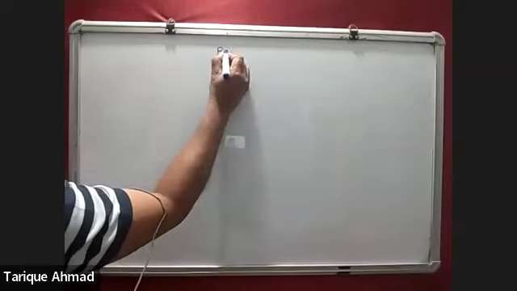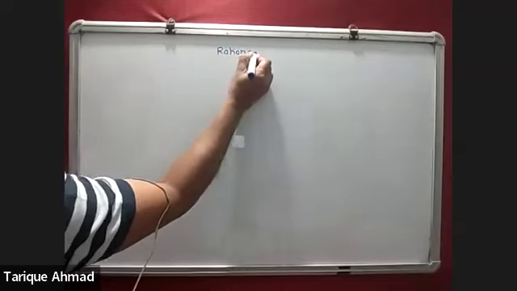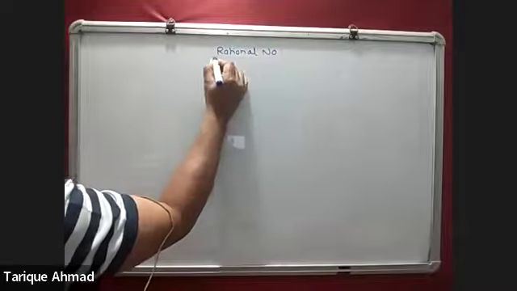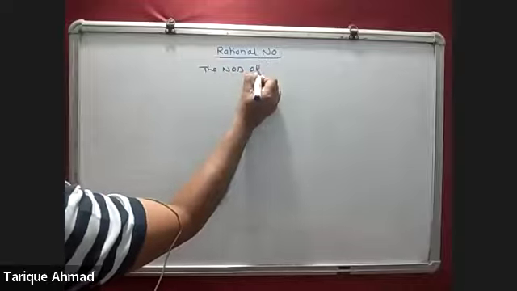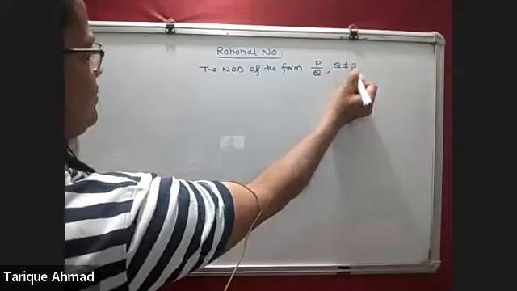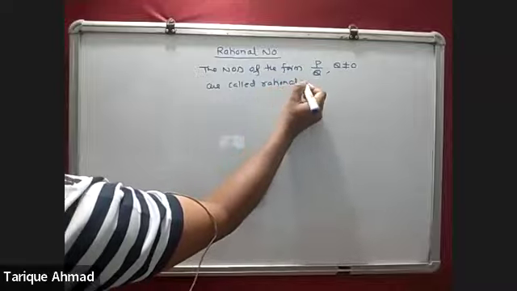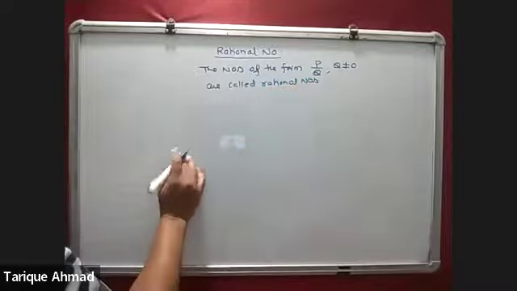Okay, so let me explain that first, okay? Okay, sir. So I am starting with rational numbers, which was a topic of class 8th, right? The numbers of the form P by Q, where Q is not equal to 0, are called rational numbers. This is the definition of rational numbers.